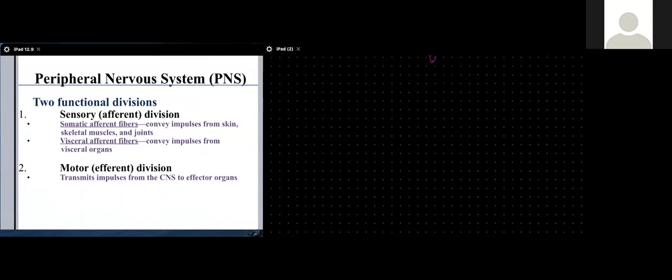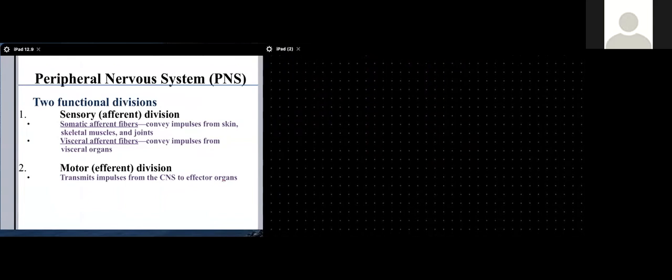The peripheral nervous system is going to be subclassified into two major functional divisions. So those nerves that are conducting signals in and out of my brain and spinal cord, forming my peripheral nervous system, might either be conducting motor signals or sensory signals.